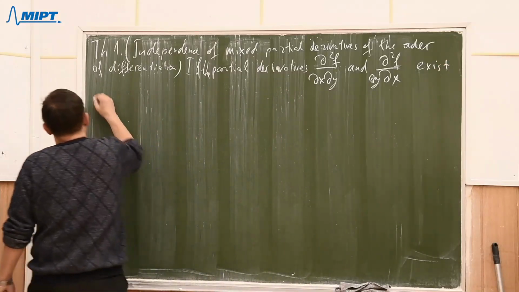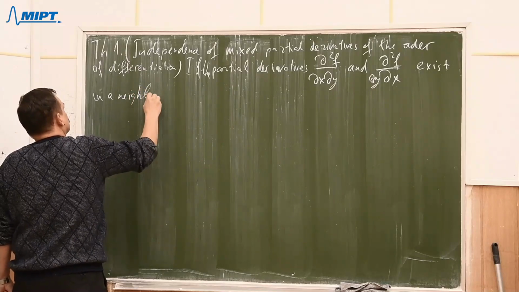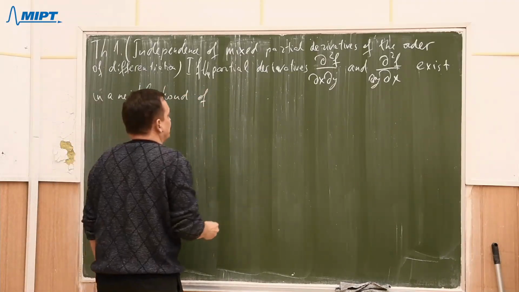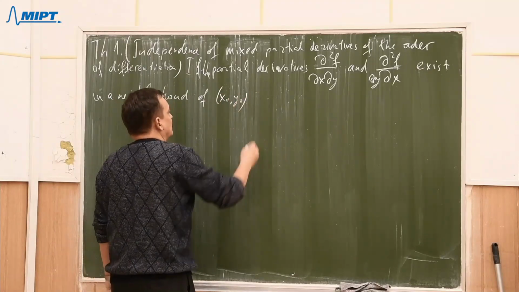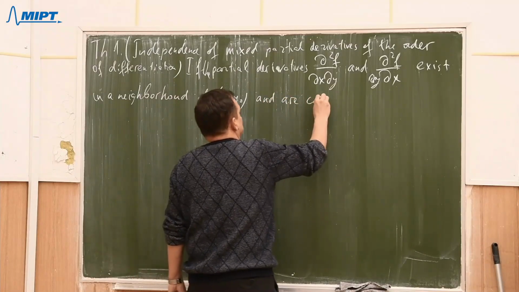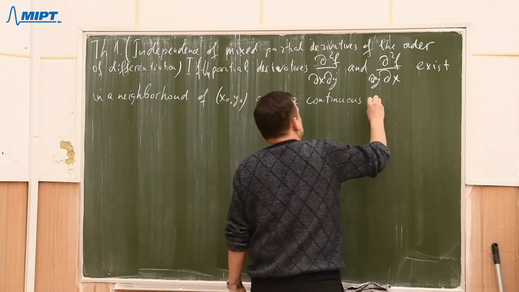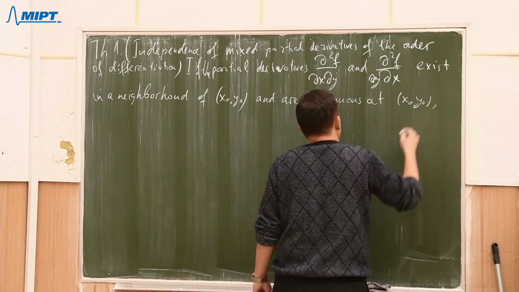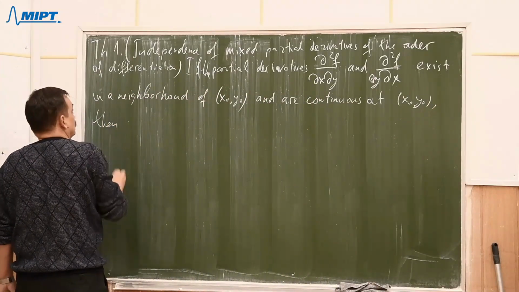in a neighborhood of x naught, y naught and are continuous at x naught, y naught, then they are equal.